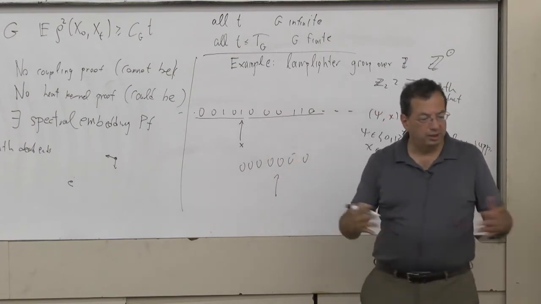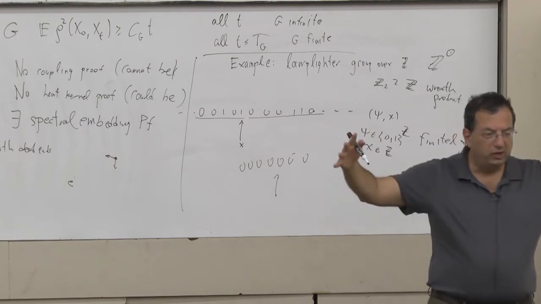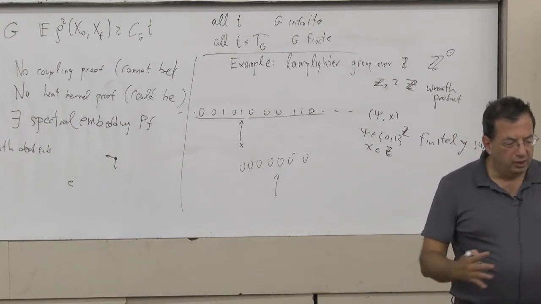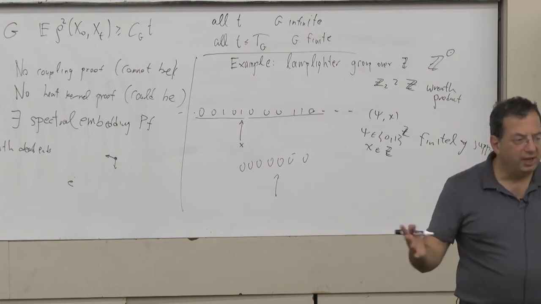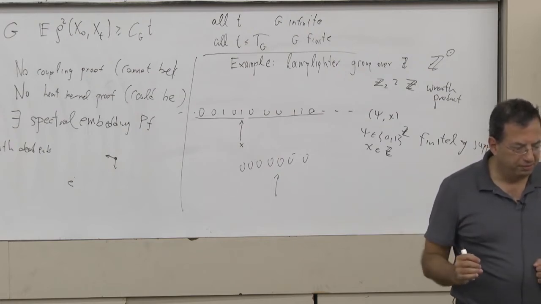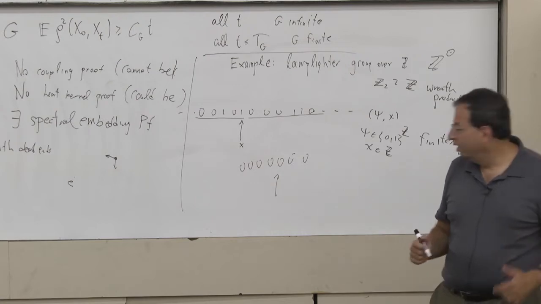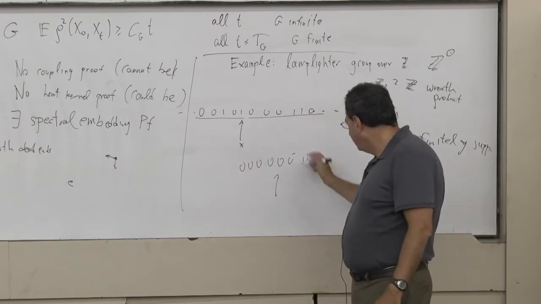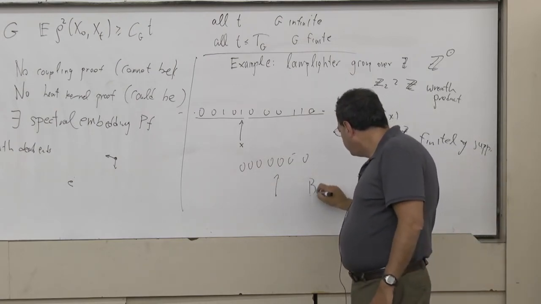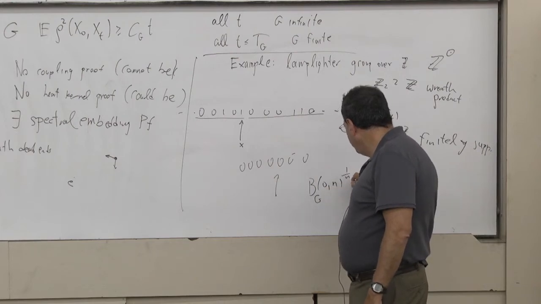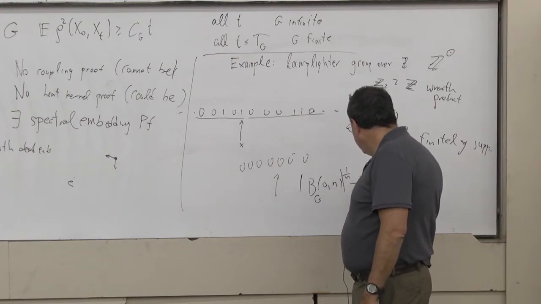That shows that in a ball of radius n, I have at least 2 to the n over 2 elements. If you do this more carefully, you see that you can actually get a Fibonacci number of sequences within n steps. And the growth of this group is really given by this: if you look at the ball of radius n in this group G, and take the nth root of its size, it goes to the golden mean.